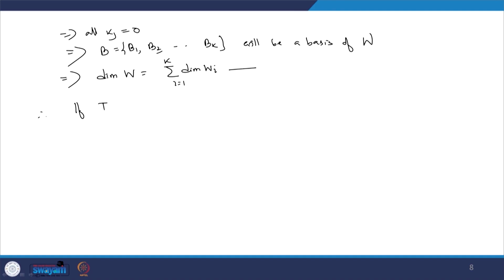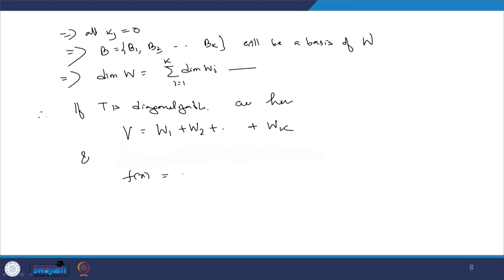If T is diagonalizable, then we have V equal to W1 plus W2 plus Wk, and the characteristic polynomial f of x equal to (x minus c1) power d1, (x minus c2) power d2, and (x minus ck) power dk.